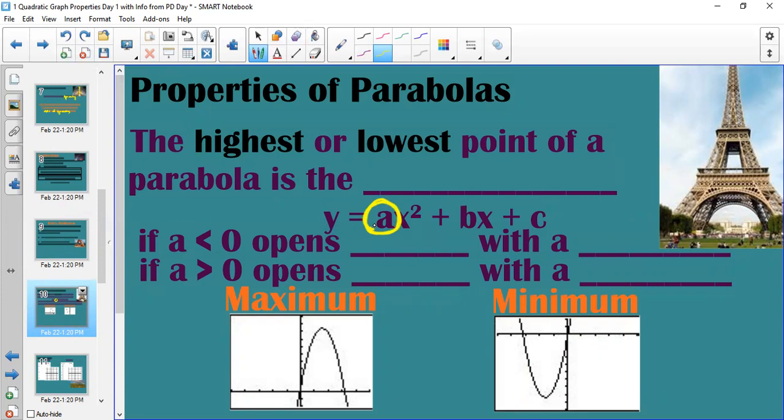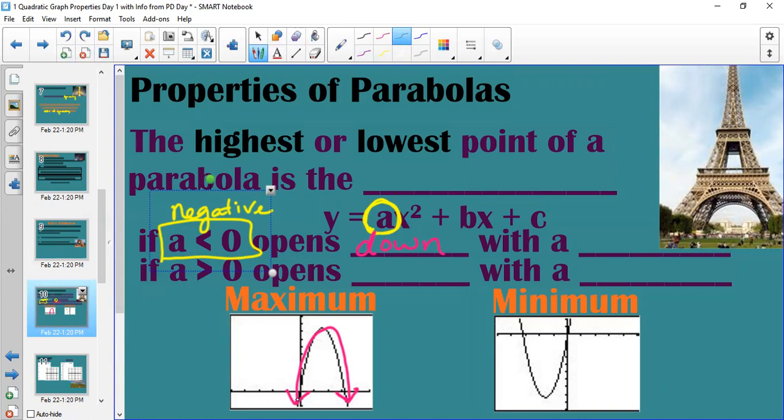Okay, so the a term, if it is less than 0, in other words, if it is negative, when I think negative, if I'm thinking smiley versus frowny, negative is the frown shaped graph. So anytime that a term is negative, we have the upside down U, or the frowny face. We say that that parabola opens down. Now, if it opens down, there is always a turning point.